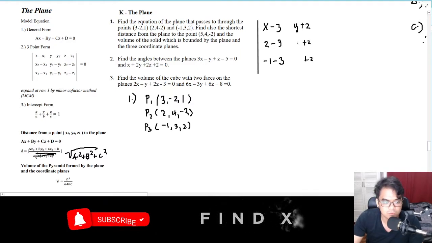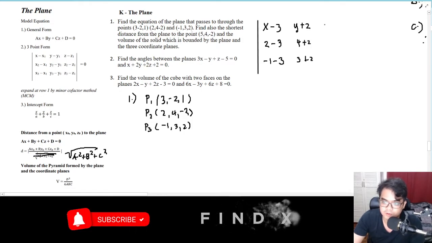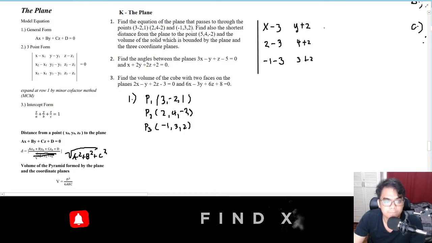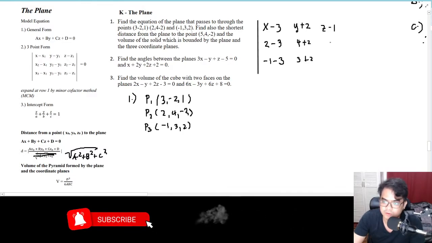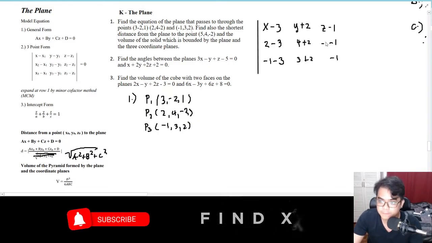Then y2 and y3, just follow the 3-point form. So y2 is 4 and 3. For the z, that's z minus z1, which is 1, so minus 1, minus 1, and then negative 2, and then 2.